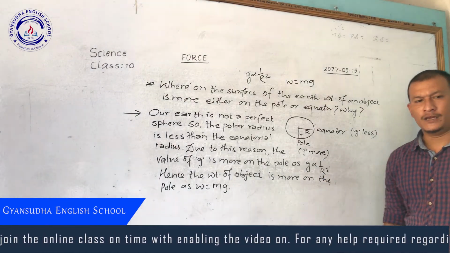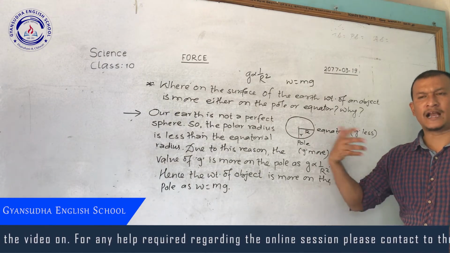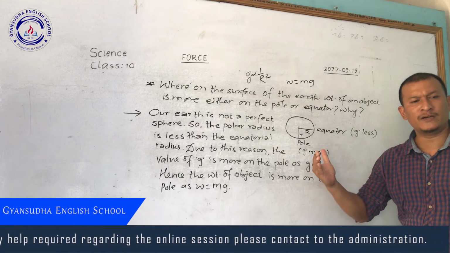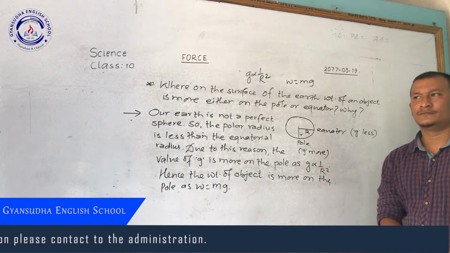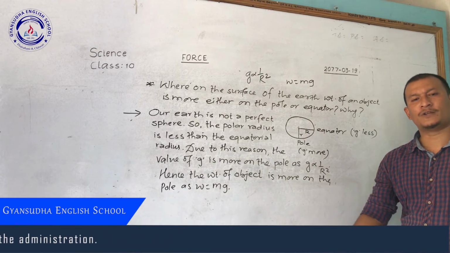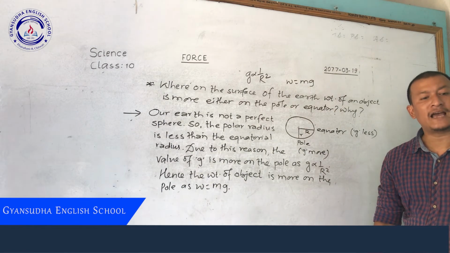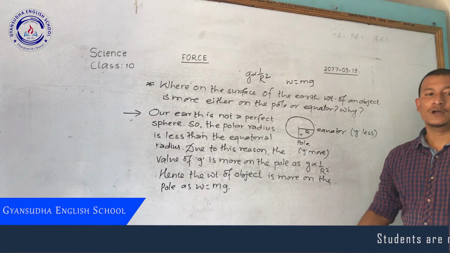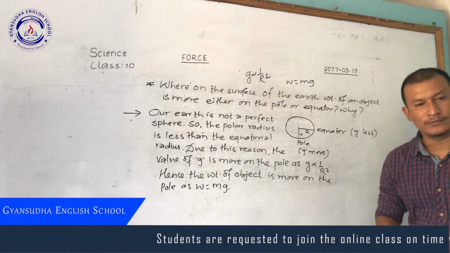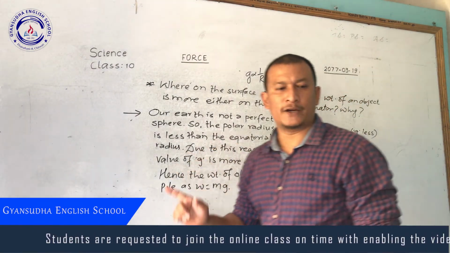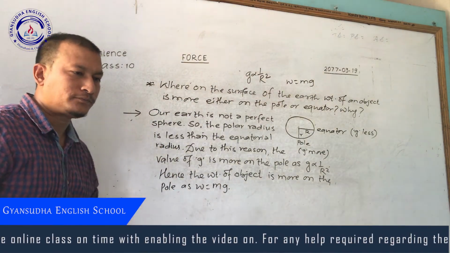In a similar way, where is the weight of the object more, either in Kathmandu or in Chittagong? Another question. The weight of the object is more in Chittagong. You know, Chittagong is situated at less height, isn't it? So, those different types of questions you have to solve. Okay? So, I am going to provide those questions. That is the work for you.